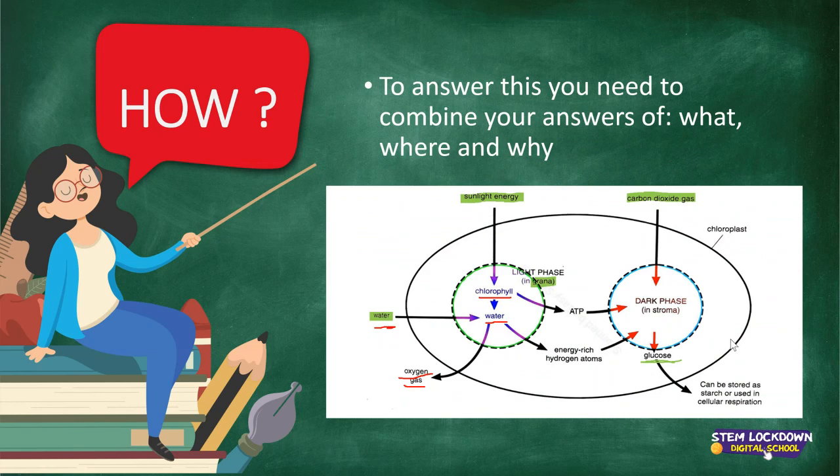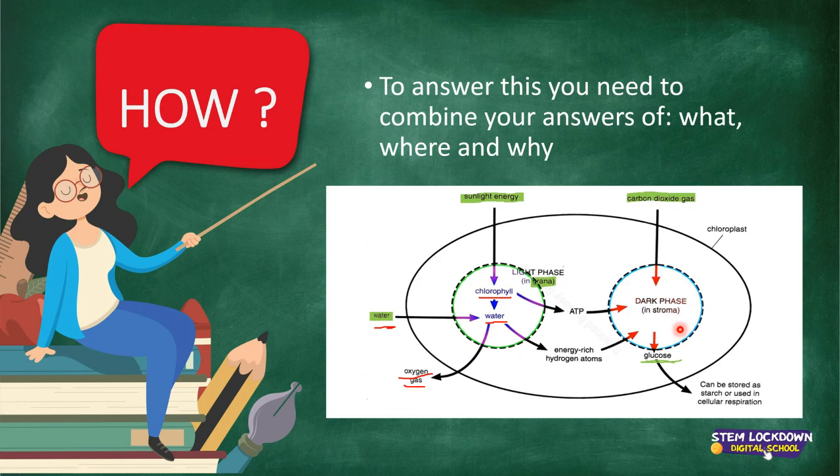I think I was done explaining this diagram, which basically explained the light phase of photosynthesis, which takes place in the grana, and the dark phase, which takes place in the stroma. Some textbooks speak of the light dependent and the light independent stages of photosynthesis.